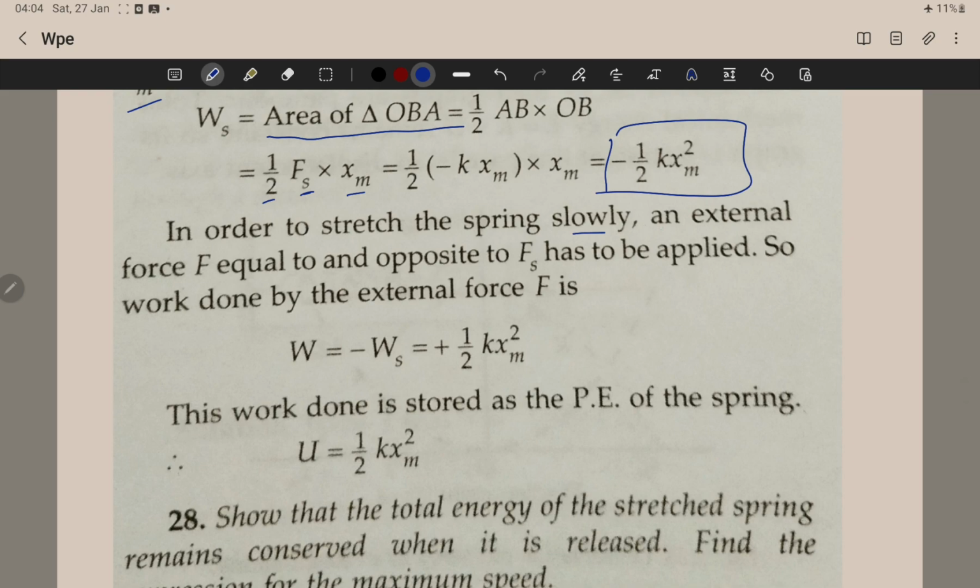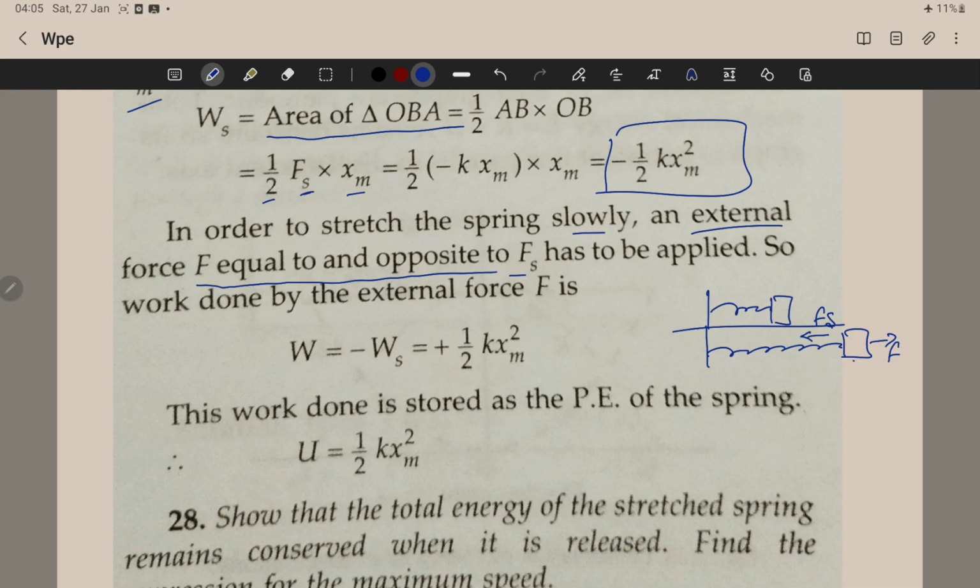In order to stretch the spring slowly, an external force F equal and opposite to Fs is needed. Let's say here is the mean position, and we stretch this spring from here to here. There is a spring force, so to stop the block at this position, we have to apply an external force which is equal and opposite to Fs.